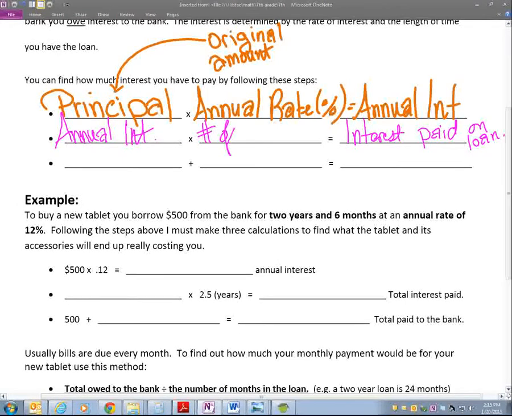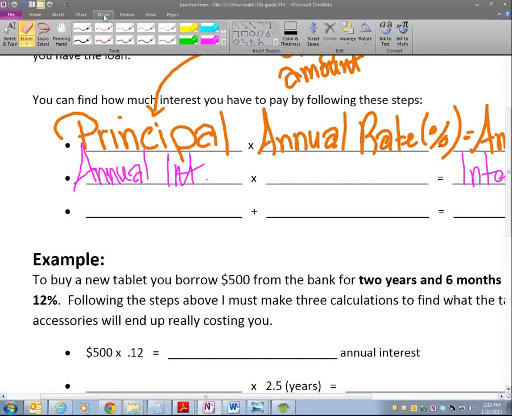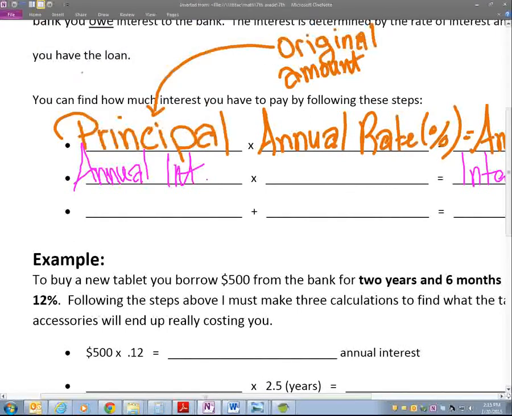That's too far away, so let's try that again using pink. Number of years on the loan.